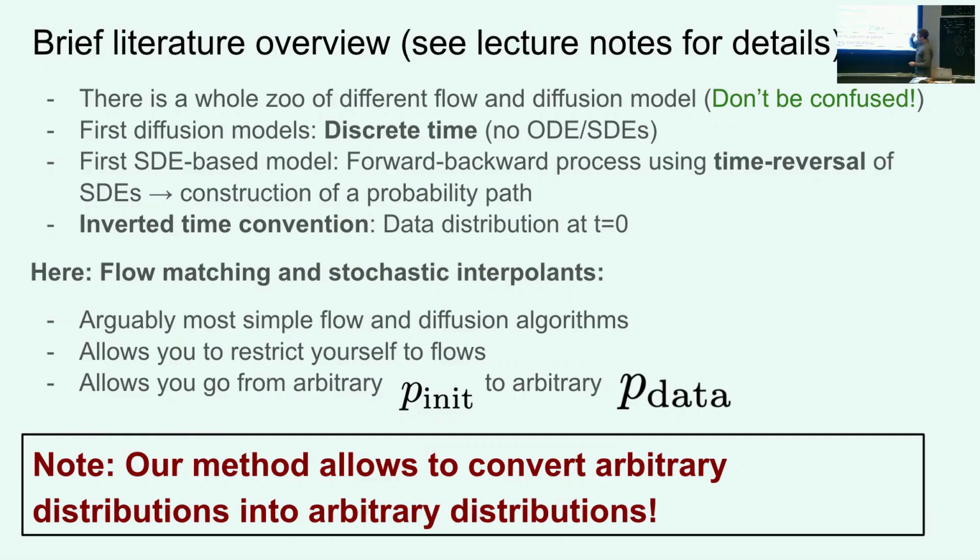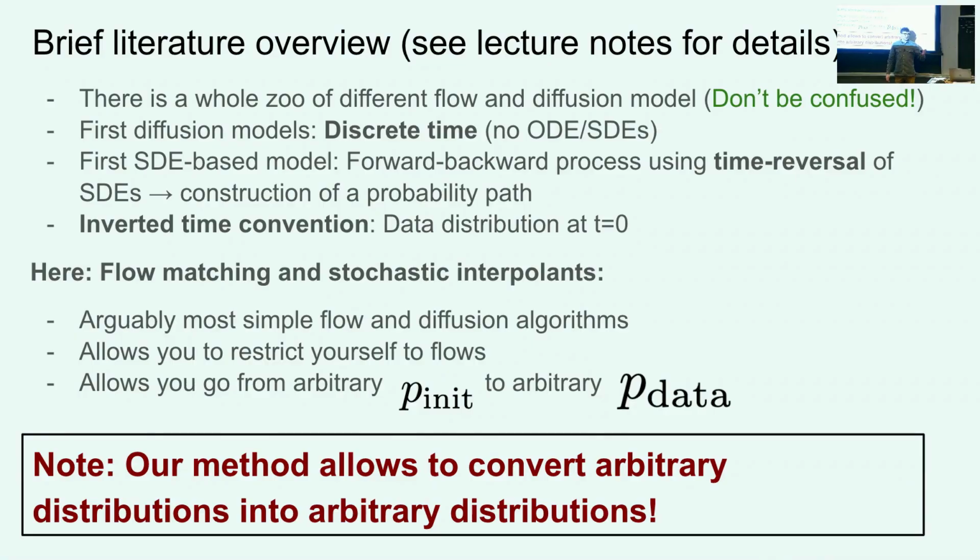What we presented here was related to what's called flow matching. Well, we talked about flow matching, so unsurprising. And a framework that's related to it is called stochastic interpolants. These are basically constructions similar to here, where we can really convert arbitrary distributions into others. So P init can be anything. P data can be anything. We can only work with flows from the get-go. We never have to think about what a stochastic differential equation is.